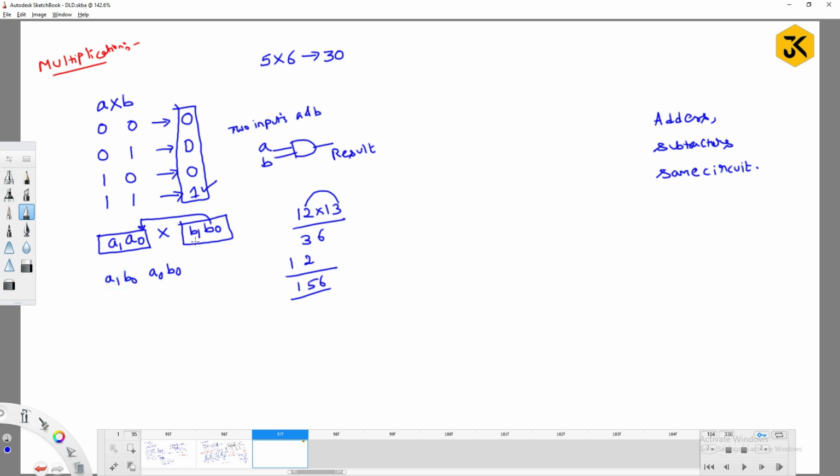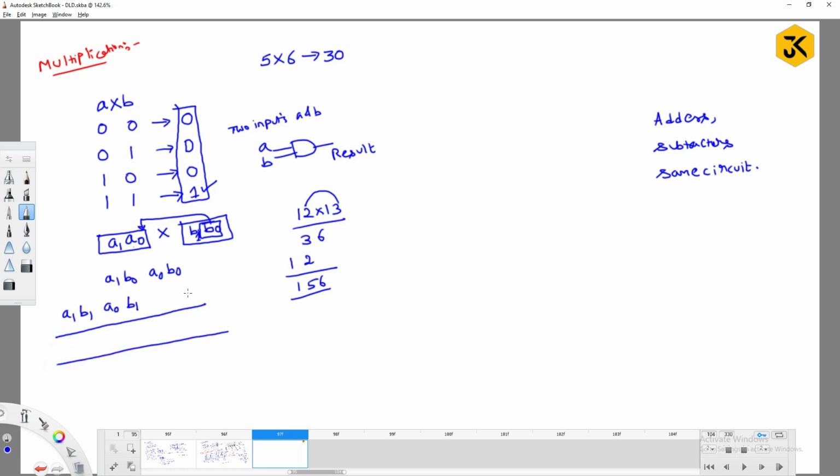Similarly, after completion of the single number, you are going to take the next number. b1 should be multiplied with a naught, but at the next level, you are going to shift one location and write that, that is b1 a naught, and what about the other one, b1 a1. All the things are completed.